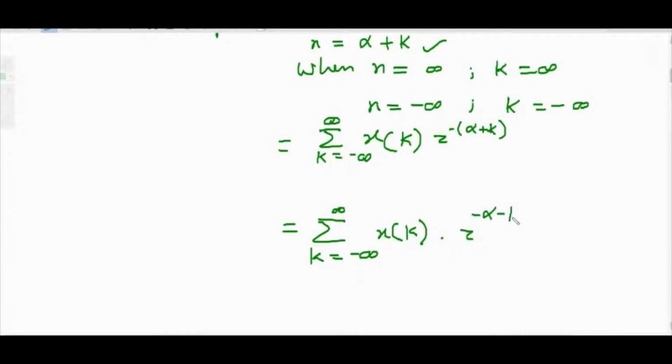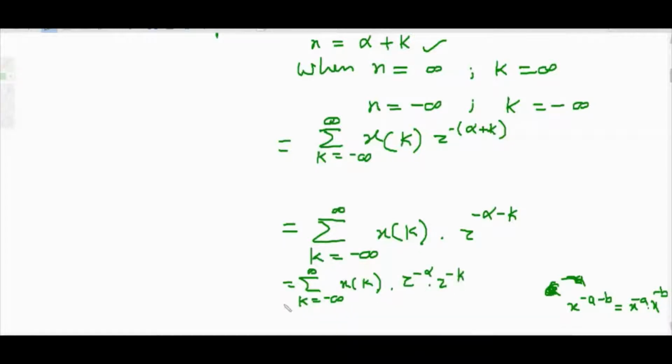According to the law of indices, any number x raised to power minus a minus b is x raised to minus a times x raised to minus b. So this becomes summation of x of k z raised to minus alpha z raised to minus k.